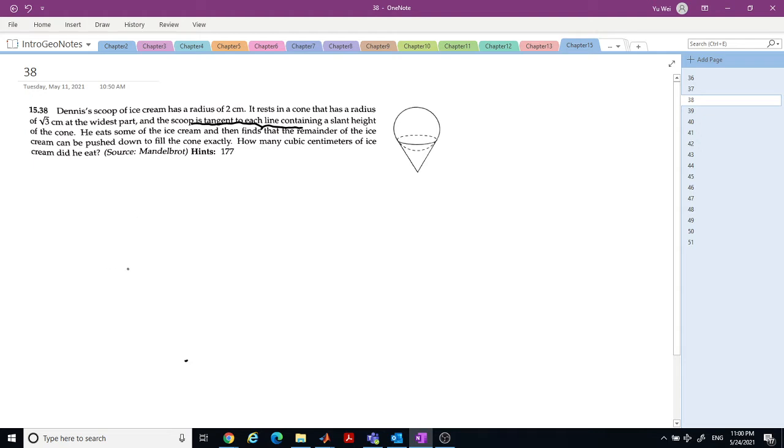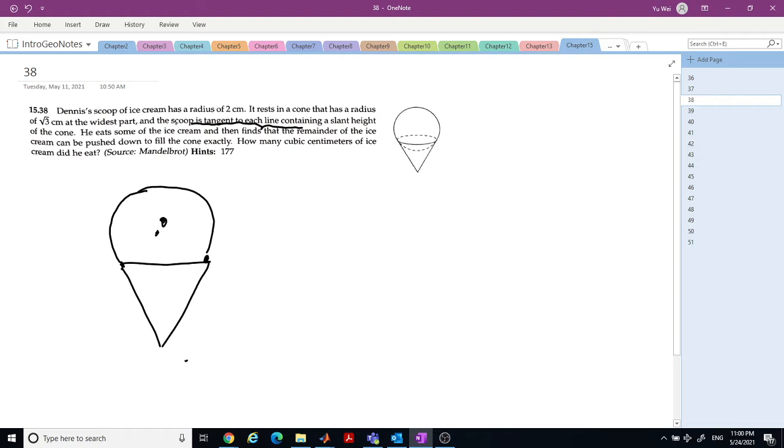Okay, then you can see once we cut it, the cone becomes a triangle, and then the sphere becomes a circle. Okay, so this is the center of the circle.